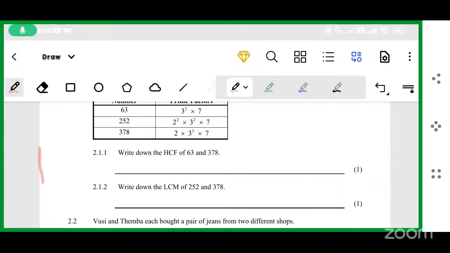Write down the HCF of 63 and 378. So which one do you think is going to be your highest common factor?